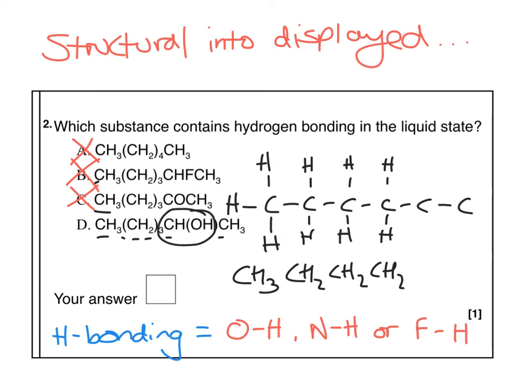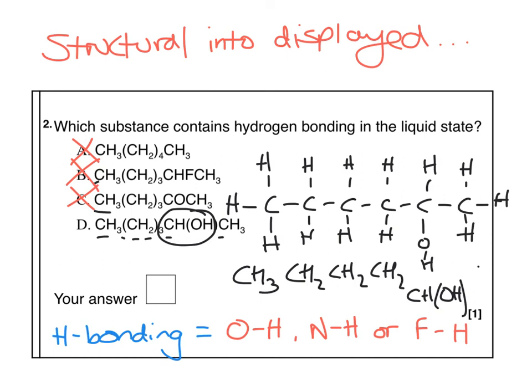Right, now the next one. CH OH, so CH, and then my OH is in brackets, so that tells you that the stuff in brackets is bonded to itself. So OH means there's an O and a H. So this is my CHOH down there, and then I've got my CH3 on the end.